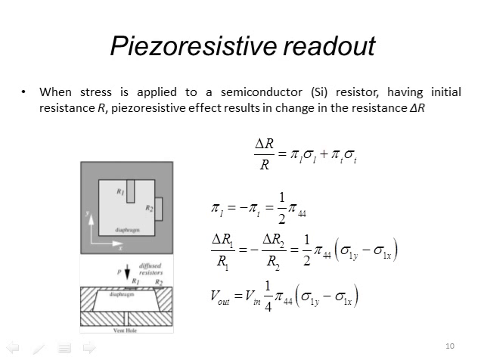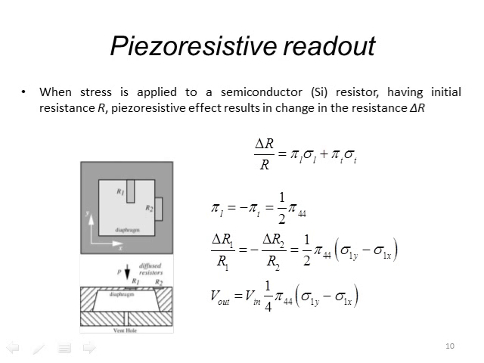In this case, R1 is going to stretch. And when it stretches, then you're going to change the resistance. At the same time, R1's length is stretching, so you're going to get a certain resistance change.